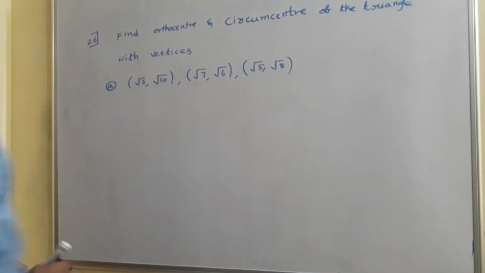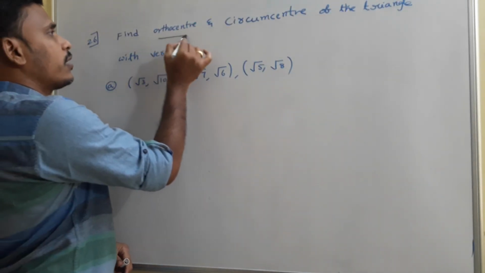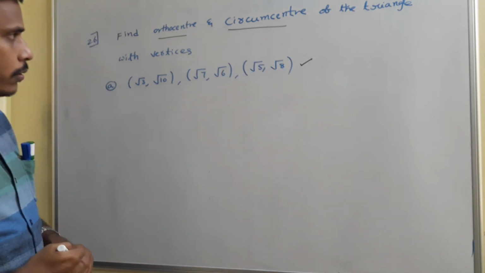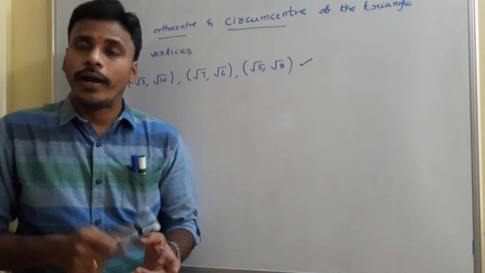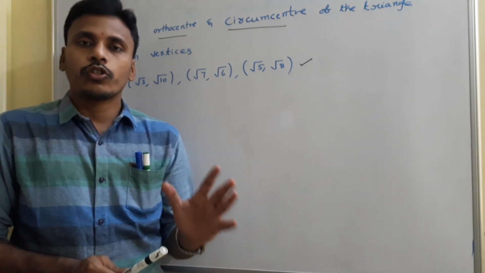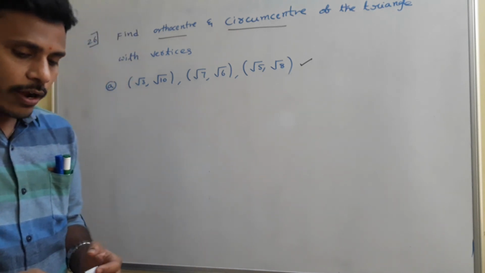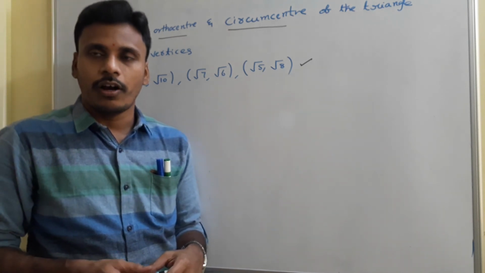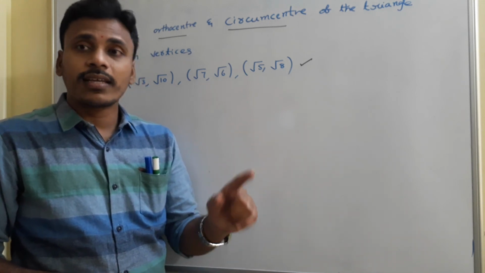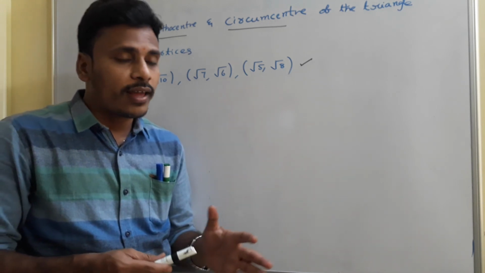So now this time we need to find orthocenter and circumcenter for the triangle formed by these vertices. Actually, to find centroid and incenter, we have direct formulas. So that's why finding centroid and incenter is not complicated. Always we go with a particular formula and we will get it. But coming to orthocenter and circumcenter, we don't have a formula.